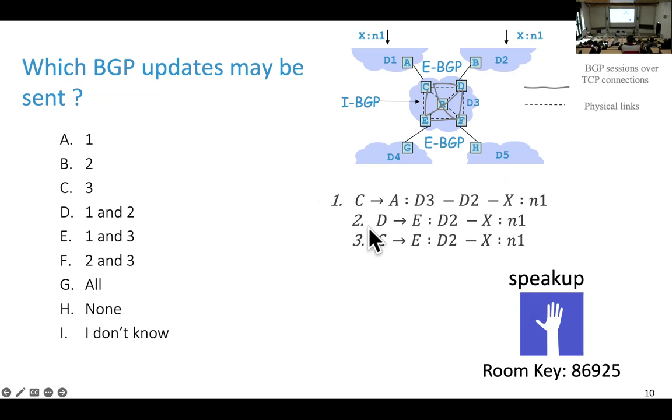The second one is an announcement that D sends to E. It says to E that there is a path to N1 that goes through D2 and X. The third one is the same announcement, but this time C sends that to E. I'm asking which of these might be possible BGP updates.